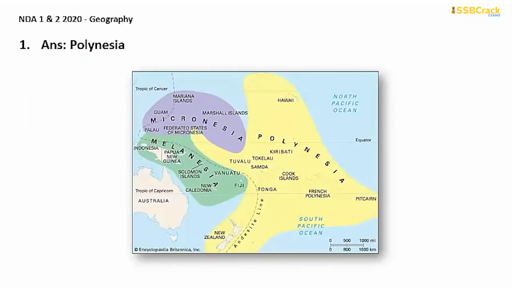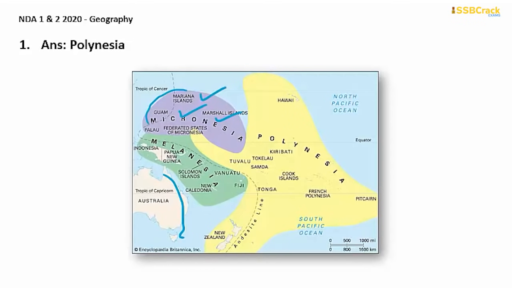Now what are these? Polynesia, Micronesia, and Melanesia. These are groups of islands. If you look at the southwestern part of Pacific Ocean, near the Australian coast, you'll find these groups of islands. For example, Mariana Islands, Guam and Marshall Islands comprise a region called Micronesia.